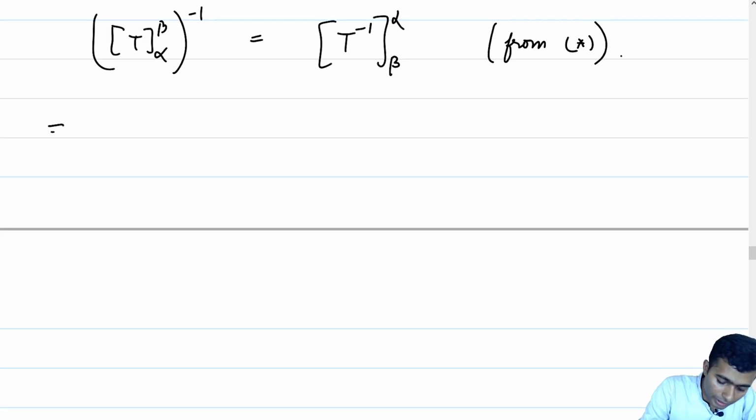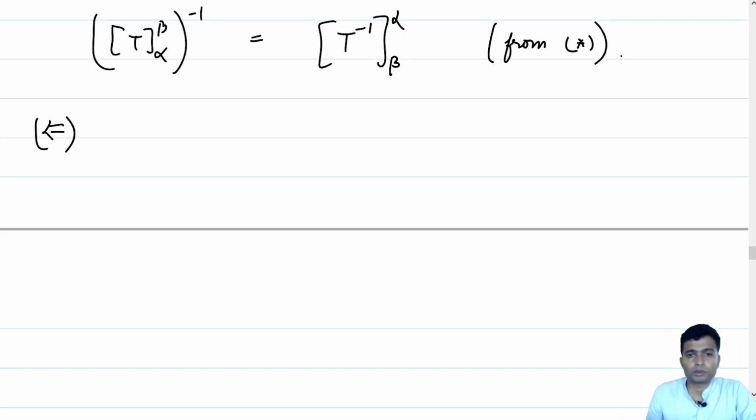Okay, so now let us prove the other direction. So what is the other direction? The other direction demands that if you start off with an invertible M cross N matrix corresponding to a linear transformation, then the linear transformation is also an invertible linear transformation.